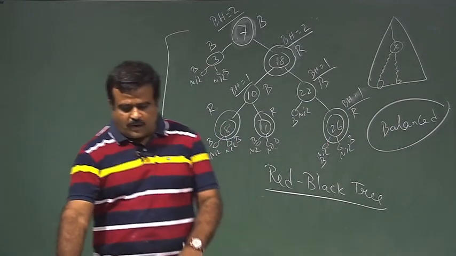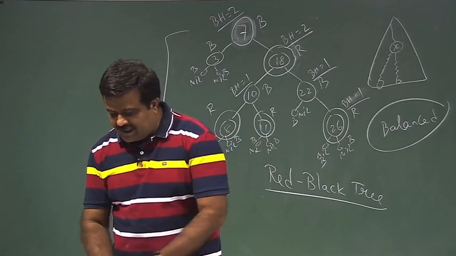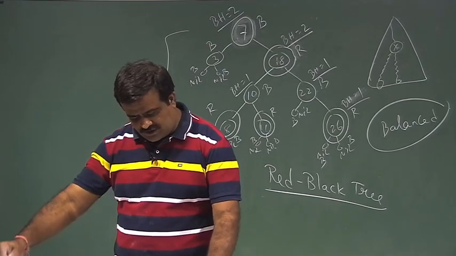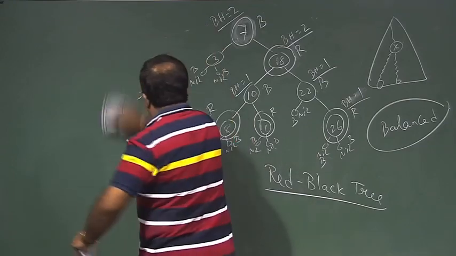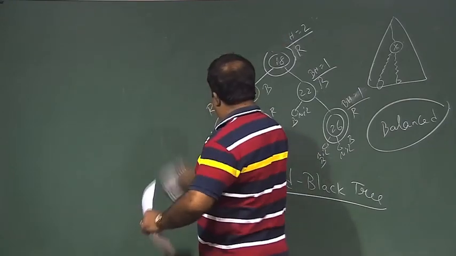Now, let us prove why this tree is balanced by a theorem. So, this theorem is telling about the height of a red black tree. We will come to this example again when we prove this theorem.